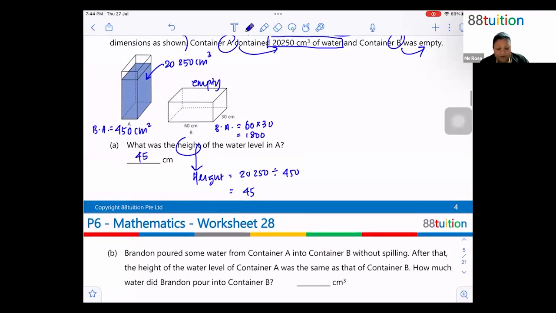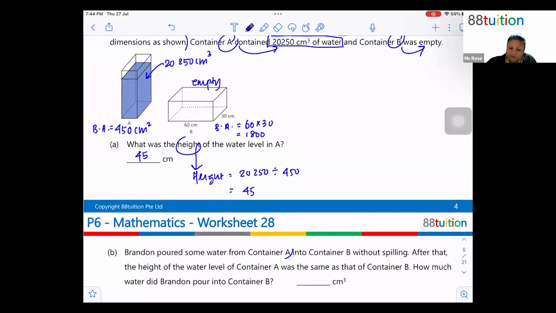Now, what happened? Brandon poured some water from A into B without spilling.